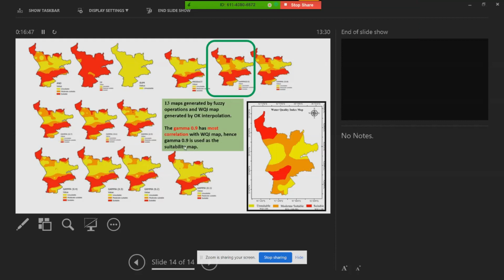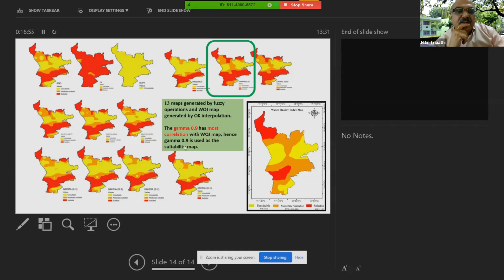Yes. So how do we decide? There are nine inputs, and then how do we get the fuzzified output from gamma 0.9? We need to try gamma with other values like 0.8, 0.7. What does it mean? What is gamma?